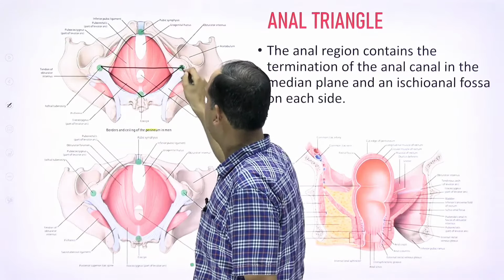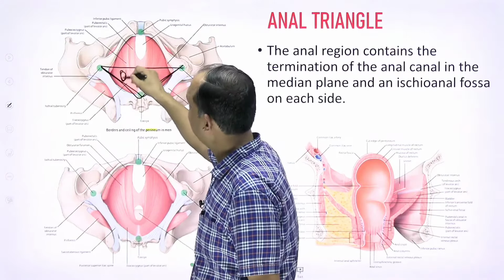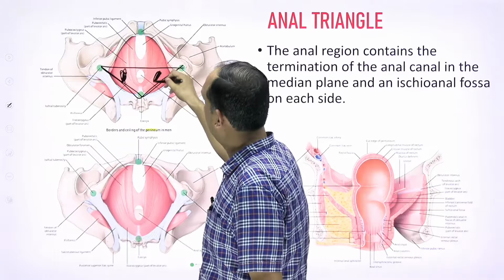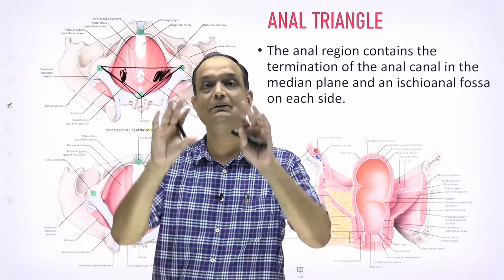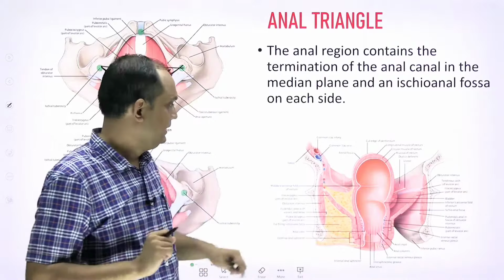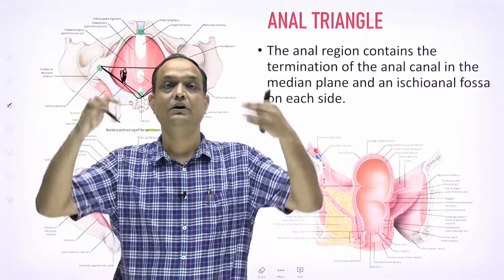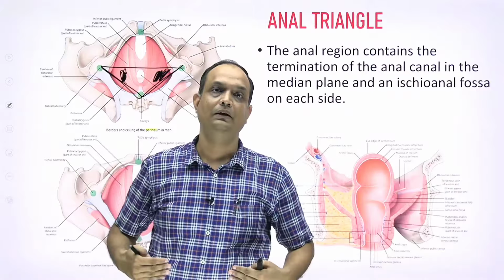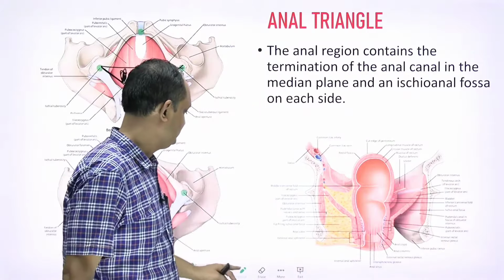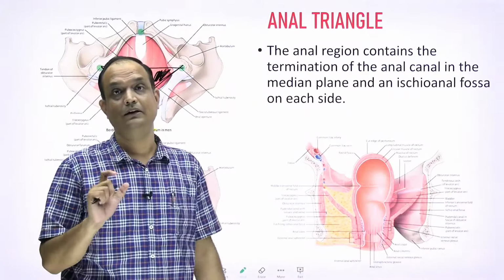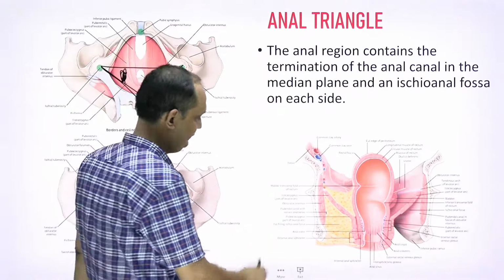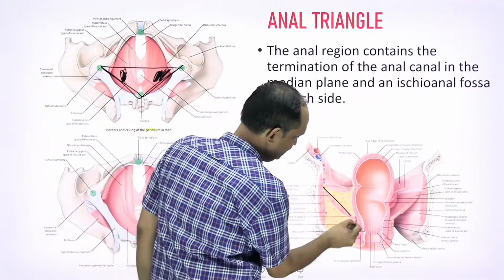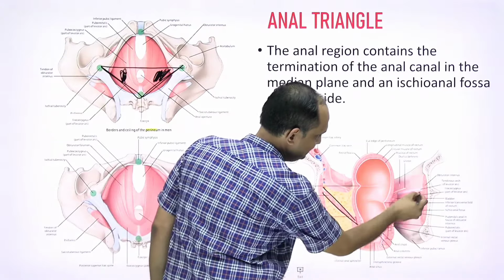Now in this anal triangle, on both sides of the anal canal or anus up to the skin of the buttock, you have an empty space. This is a section taken in the coronal plane. First we have to find the pelvic floor. So where is the pelvic floor? You can see these muscles.